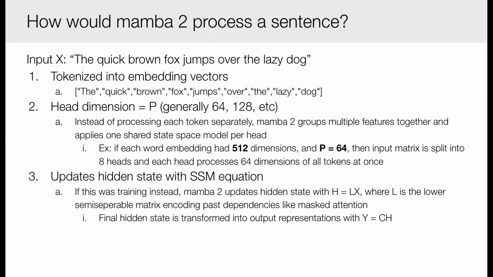In this case, we're going to assume our word embedding has 512 dimensions. And say in Mamba 2 we had a head dimension of p greater than 1, generally 64 or 128. So if our multi-head Mamba 2 had 64 heads, that means the 64 heads process all of your tokens at once, but each processes 64 dimensions out of those 512 dimensions.